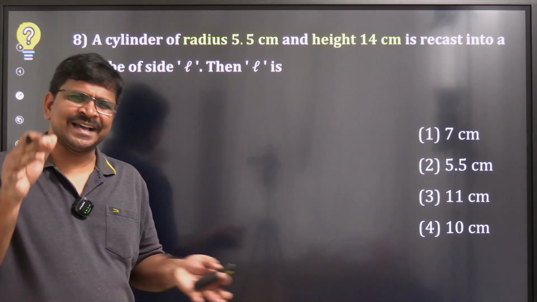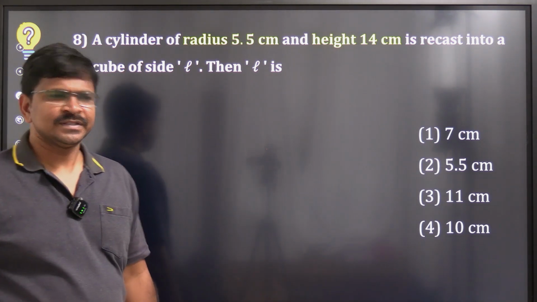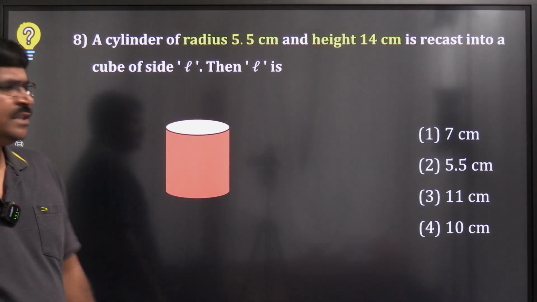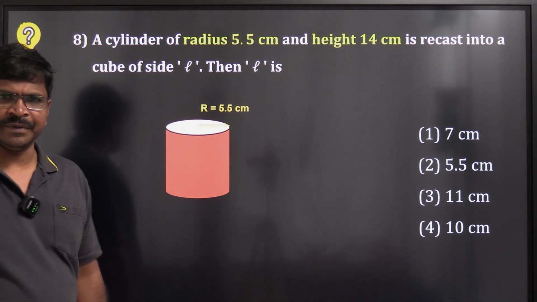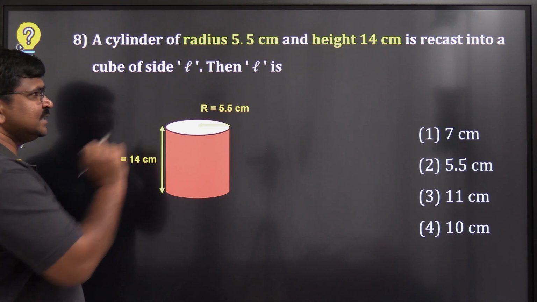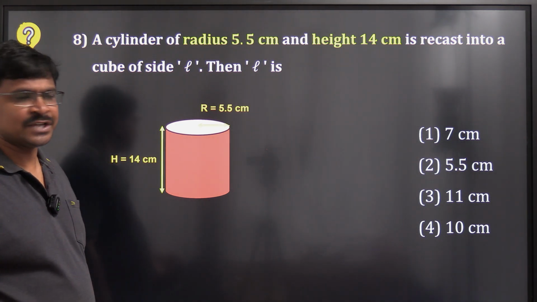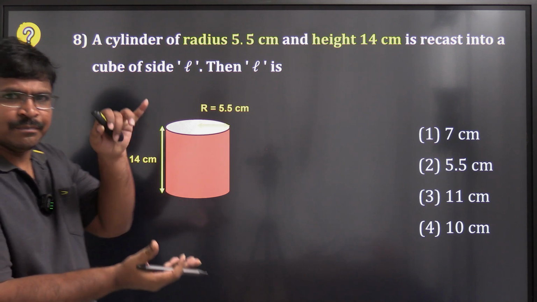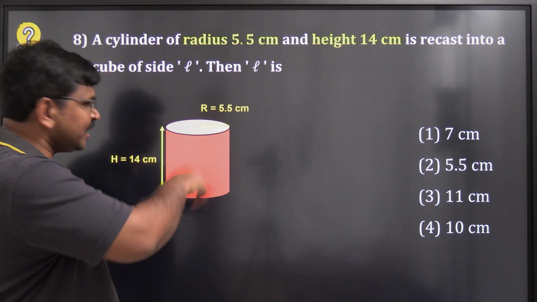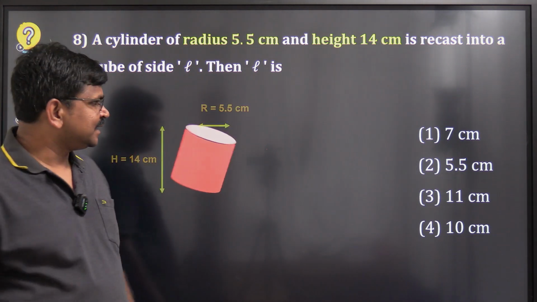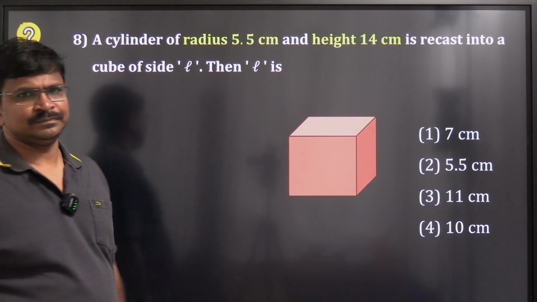So the cylinder is crushed again and made as a cube, something like this. Recast means the entire material is melted and made into the cube. So this entire cylinder is recasted into a cube.